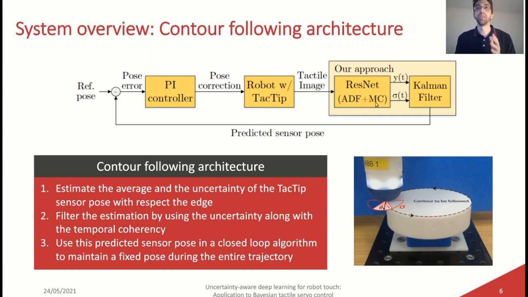Then this information is used by a Kalman filter to better predict the sensor pose. This information is then fed into a closed-loop algorithm in order to maintain a fixed pose during the entire trajectory. By doing so, it is possible to follow the contour of different shapes, as can be seen here in the image.